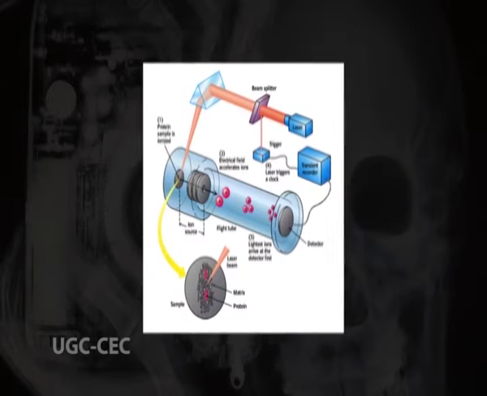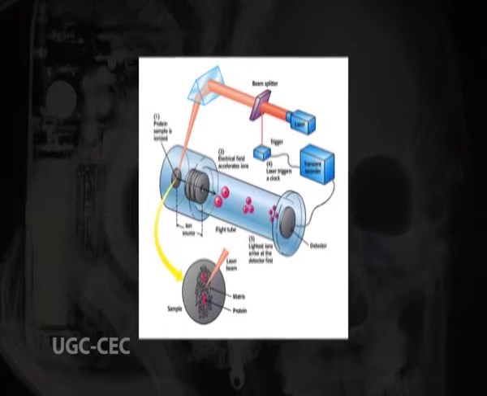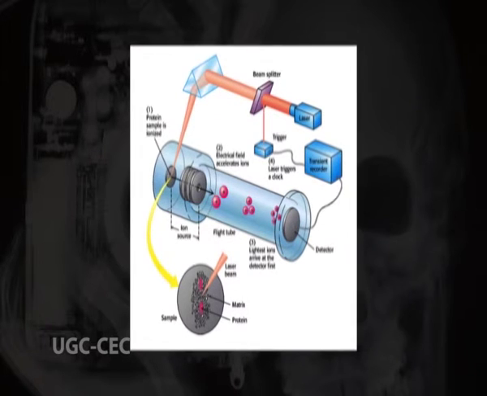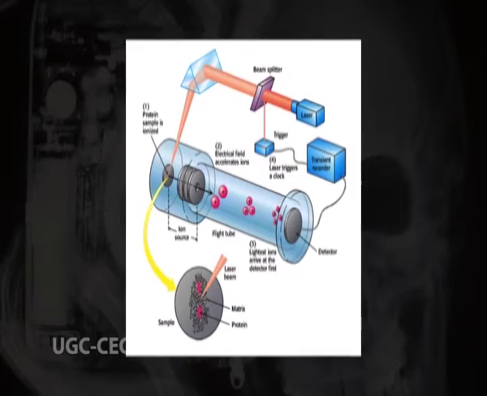The matrix is then applied to a ceramic or metal plate and allowed to dry. When a short pulse of high-intensity laser light is applied on the plate, the proteins are ionized and desorbed from the matrix into the vacuum system, where they are accelerated in an electric field and fly towards a detector.